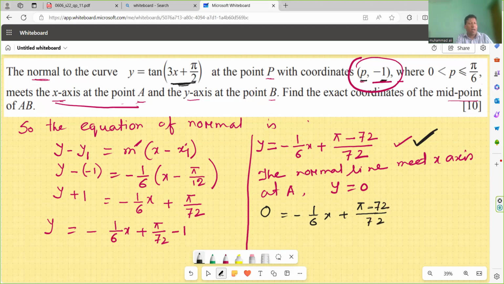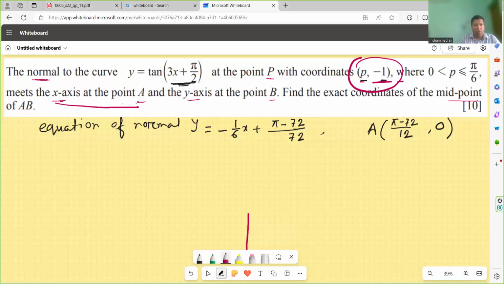If we simplify, we'll get x equals (pi minus 72) by 12. When the normal line meets the x-axis at the point A, here y value is 0. After putting y value 0 and doing the calculation, we get x value is (pi minus 72) by 12.